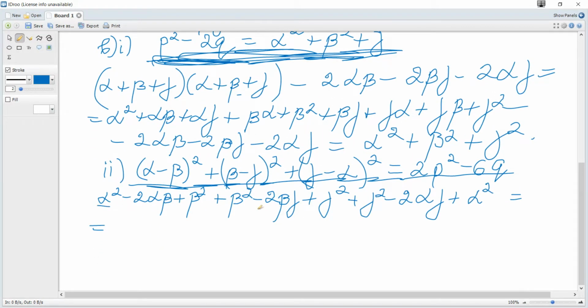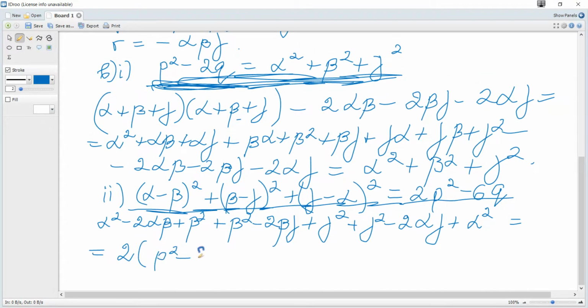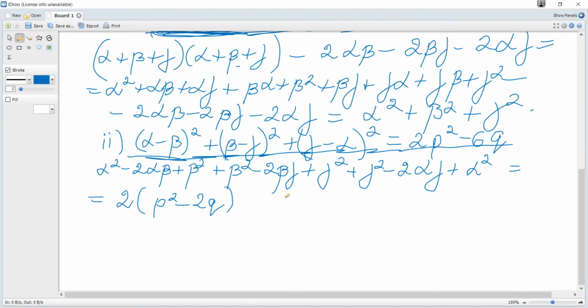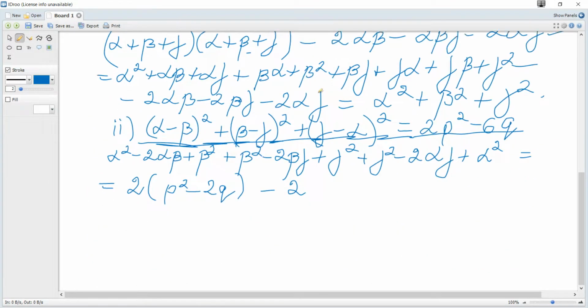So we can see that it's alpha squared plus alpha squared, beta squared plus beta squared, plus gamma squared plus gamma squared, so it's 2 times the sum of squares, hence it will be 2 multiplied by p squared minus 2q, and the remaining negative 2 alpha beta minus 2 beta gamma minus 2 alpha gamma, so it's minus 2 multiplied by alpha beta plus beta gamma plus alpha gamma, which is q, so minus 2q.